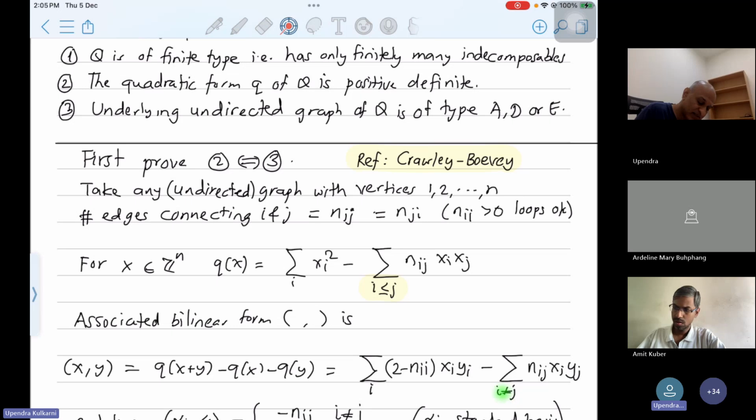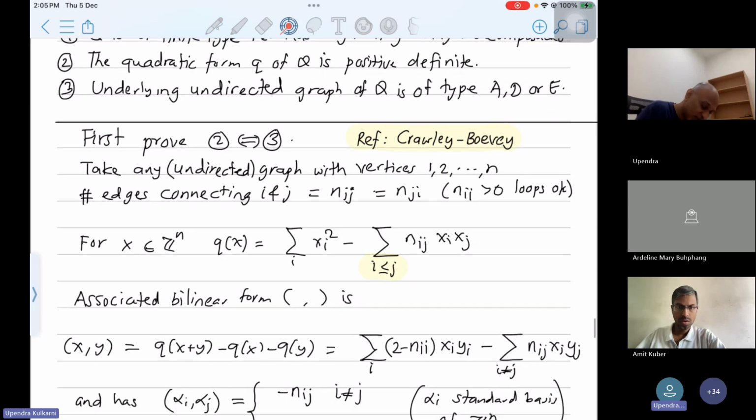And here the index is now over i not equal to j. This is a matter of just algebra. The reason why this i less than j changed to i not equal to j is that when I expand the parentheses, I will get a sum which is x_i y_j plus x_j y_i. So that's the reason. This is simple algebra.